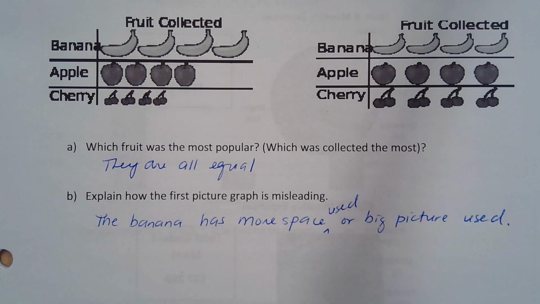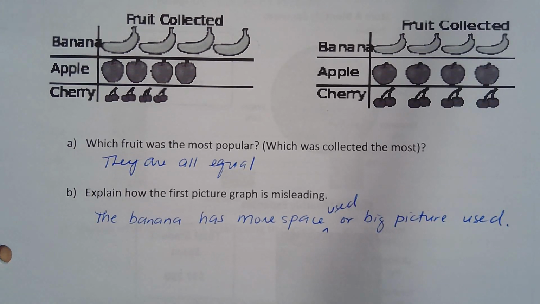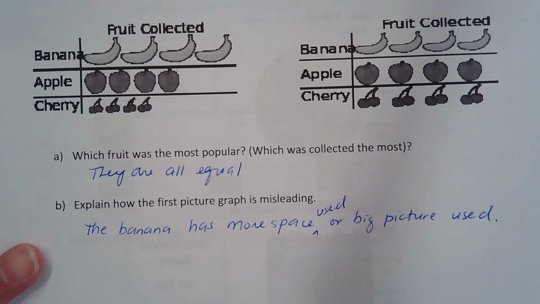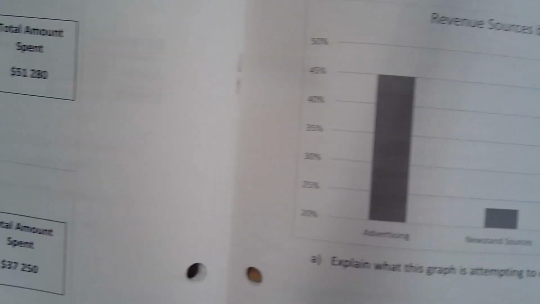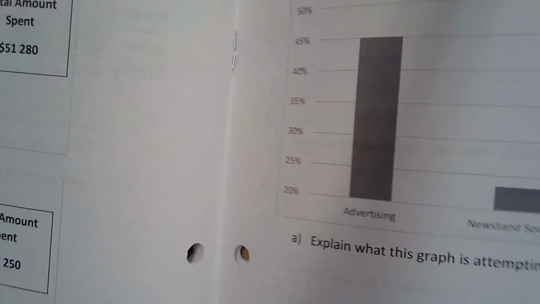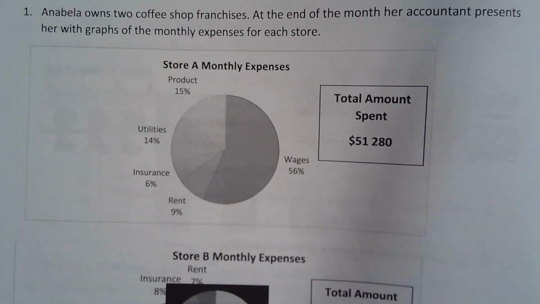Is there any information missing, labeling missing, or any picture that exaggerates things more than the other? There are some questions for you to work on in assignment number 2. Please work on assignment number 2 tonight.